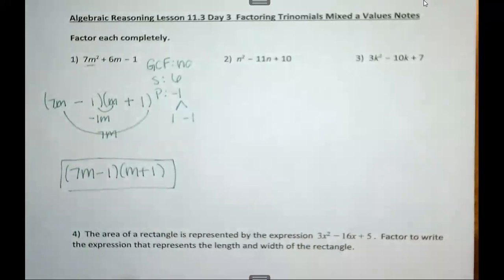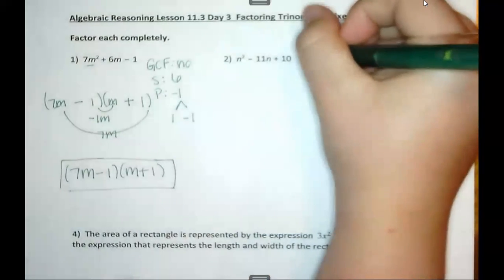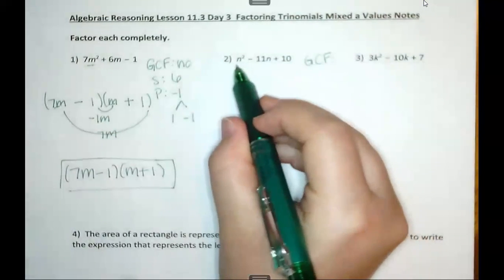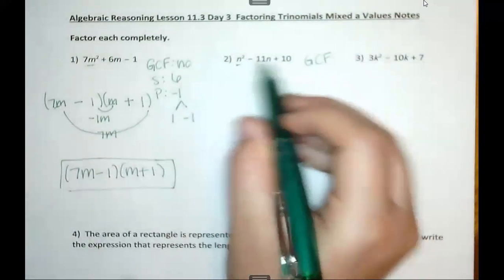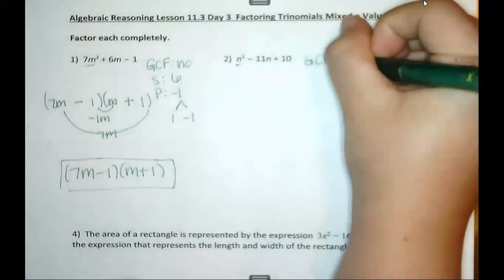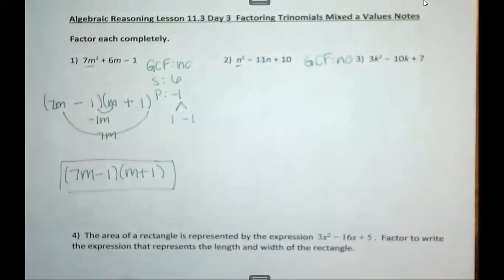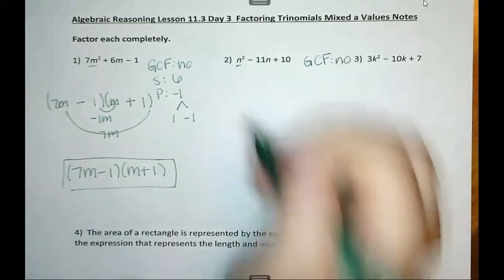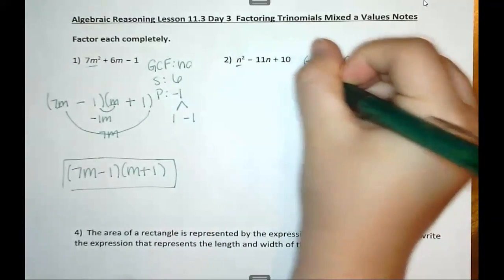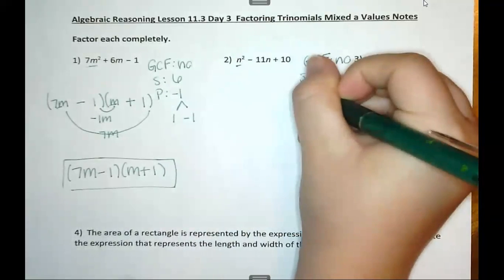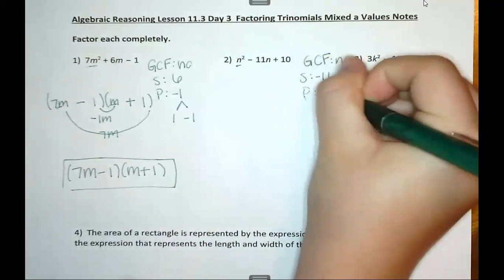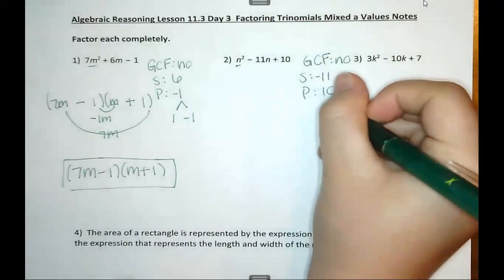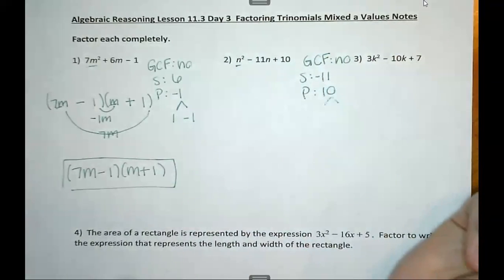All right, number 2. I first look for my GCF. This one does not have a number in front, and they don't all have a variable, so there is not going to be a GCF. All right, so then I identify my sum, my middle number, my product, the last number, and I'm trying to think of something that multiplies to give me 10.